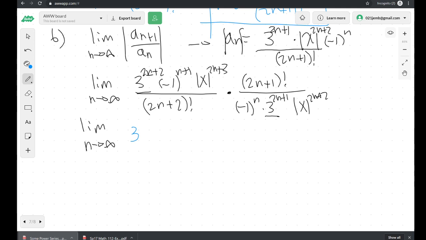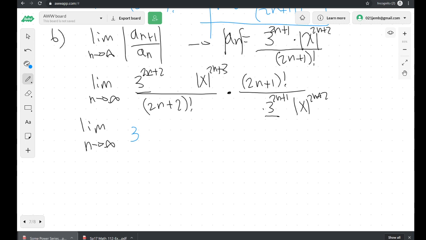Is the alternator going to be included? Well, we're taking the absolute value of this, so really it will always be positive. So we should not include the alternator in the absolute value of a sub n. So this should not go in there, because it's always positive. So that's important to keep in mind. The alternator is going to be out of the expression.